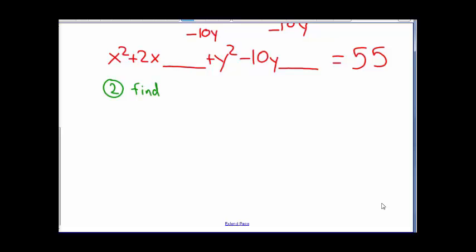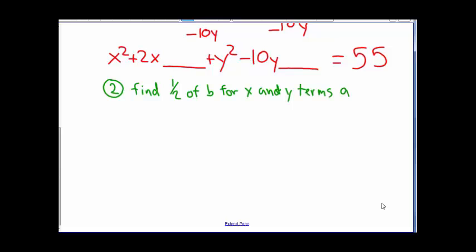So now we have to ask ourselves, what does that constant term need to be to make this a perfect square trinomial for the x squared trinomial and the y squared trinomial? So we take half of the b term for x, half of 2 is 1, and then we square it. 1 squared is 1.